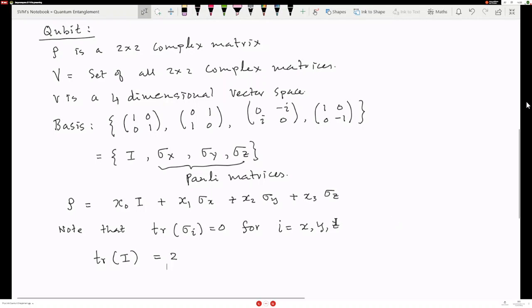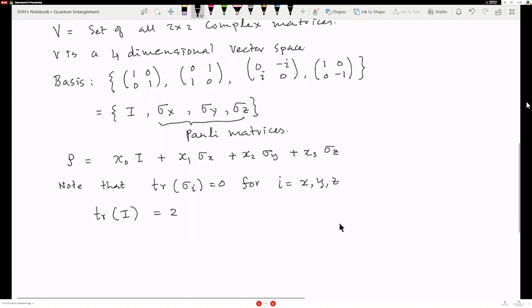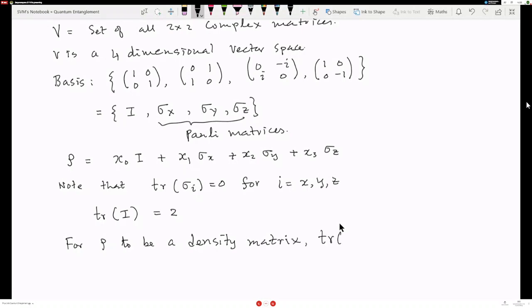One of the requirements for rho to be a density matrix is that the trace of rho should be equal to 1. That is the property we have talked about. This implies x0 has to be equal to half. Then only the trace becomes 1. The other three matrices are traceless.